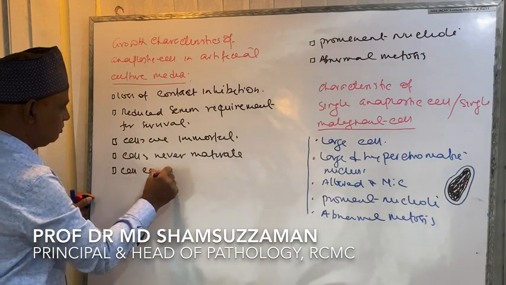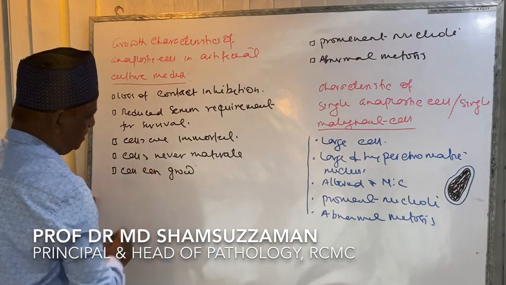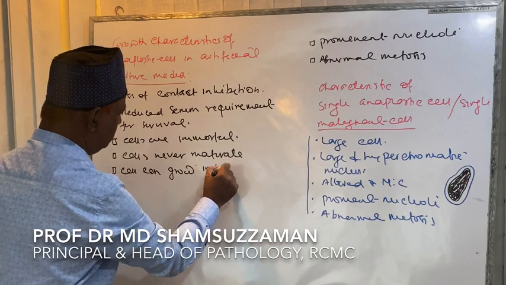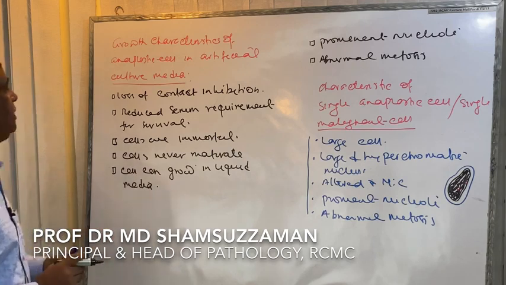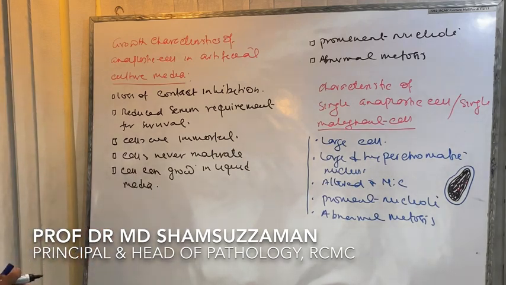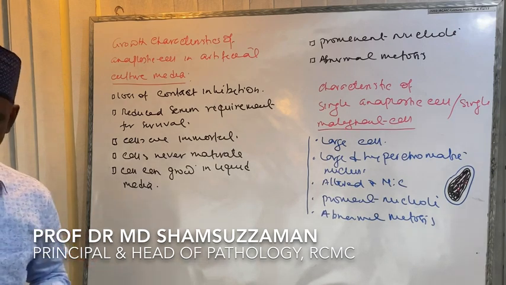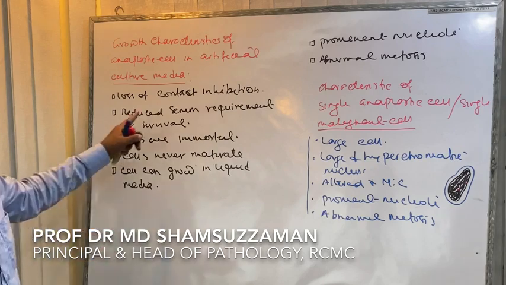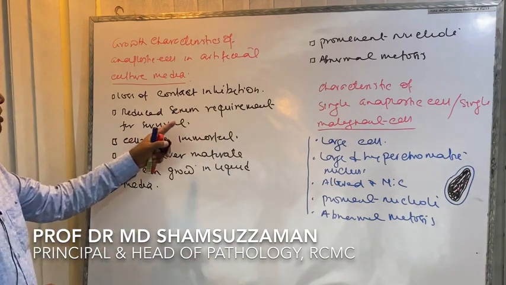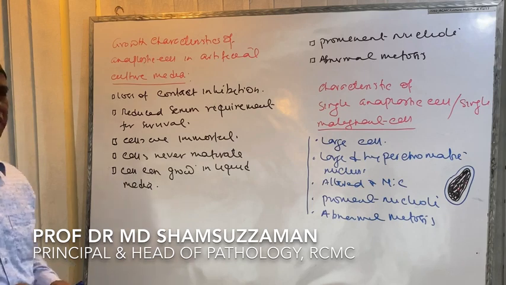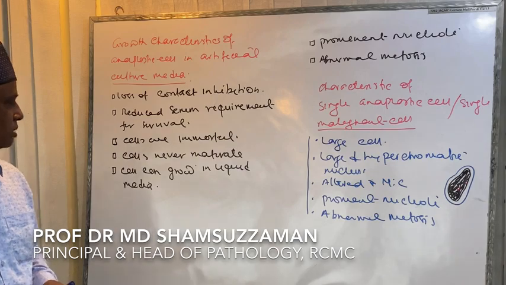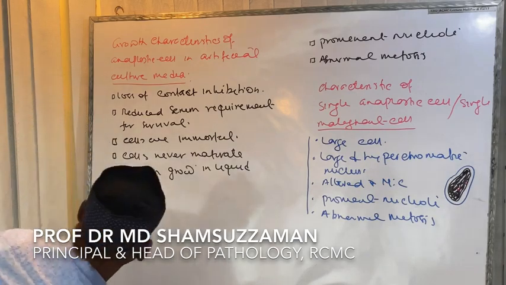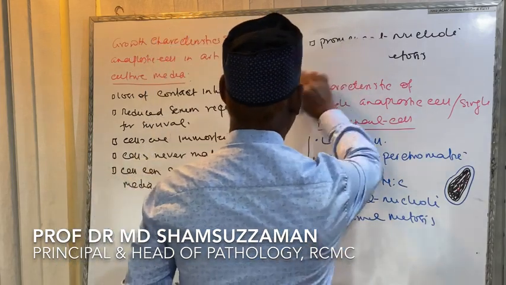Cells can grow in liquid media. So these are the growth characteristics of anaplastic cells in artificial culture media: loss of contact inhibition, reduced serum requirement for survival, cells are immortal, cells never maturate, cells can grow in liquid media. First come to loss of contact inhibition.